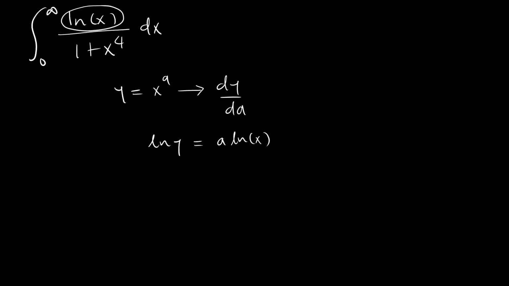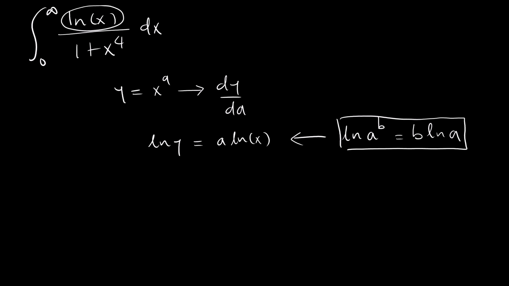Why? Because I used the rule of logarithms that tells me that the natural logarithm of a to the b is the same as b times the natural logarithm of a.